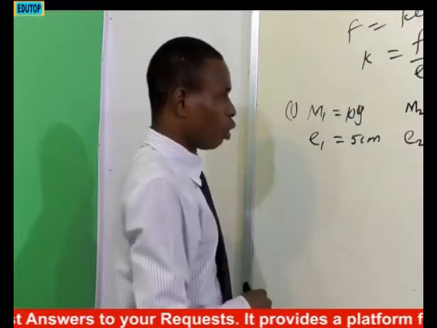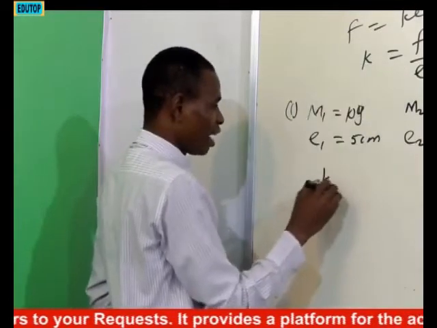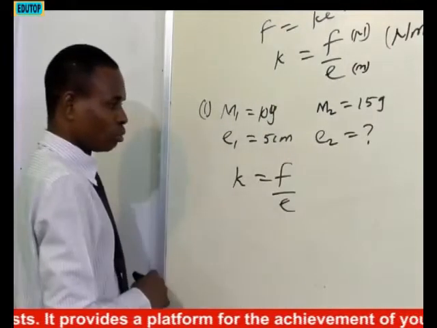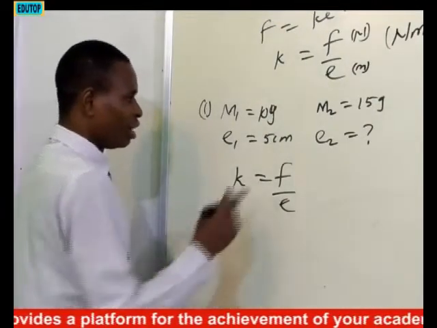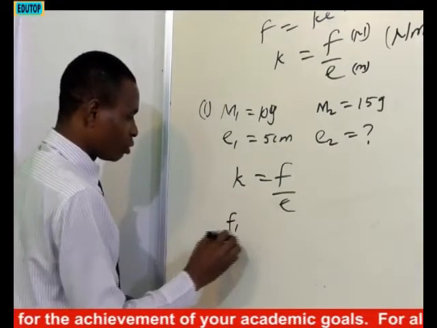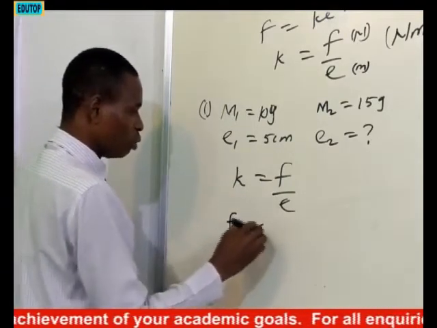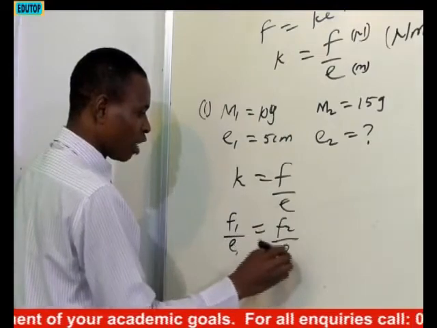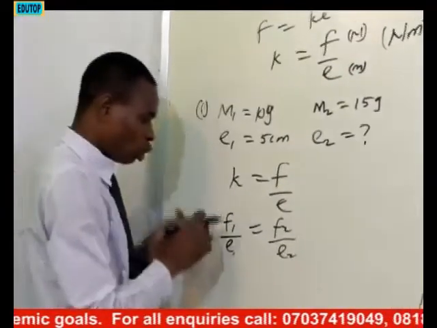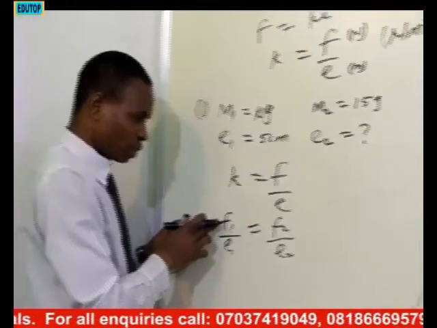Let's come from Hooke's law. We have K is equal to force over extension. Okay? Then from this relation, you can say F1 over E1 will be equal to F2 over E2. I have told you we are dealing with mass, even though what we are having here is force.